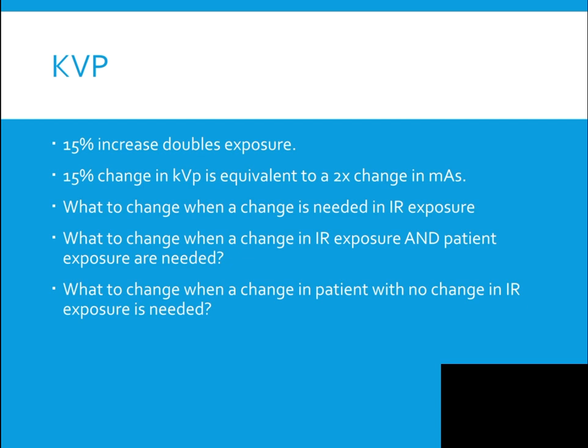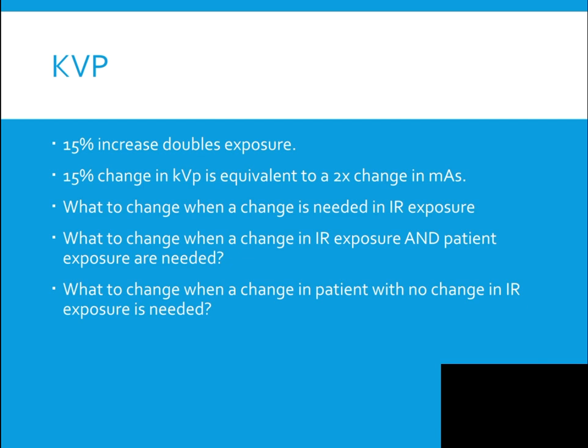So that's your 15% rule. Don't conflate the 15% rule with a 15% change in kVp. If you increase your kVp by 15%, then you're going to double your image receptor exposure. But if you increase your kVp by 15% and cut your mAs in half, then your image receptor exposure remains the same and your patient exposure goes down.